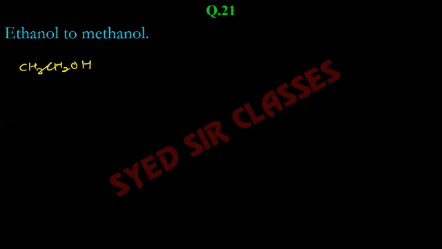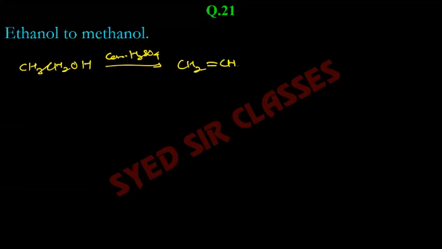But what I am now going to tell you is something which you don't know. The way I have already told you is the way you know. So you convert it to alkene with concentrated H2SO4, CH2=CH2, then ozonolysis, aldehyde.